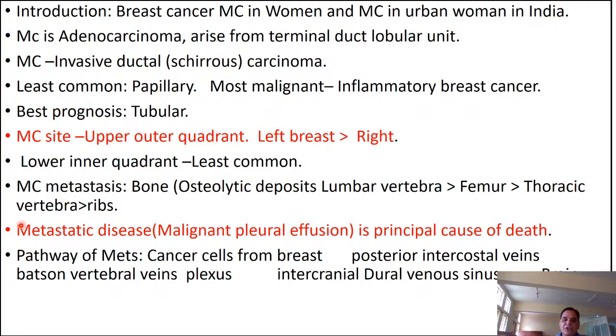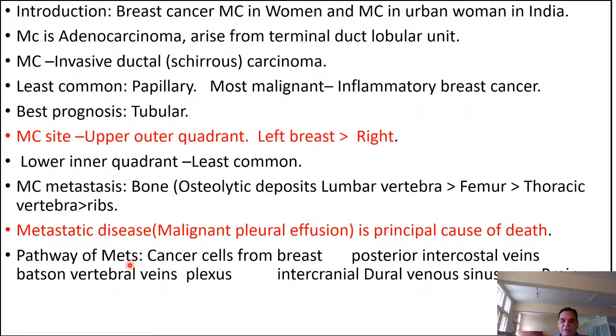And just to inform you, the most common cause of death is malignant pleural effusion. So how do the patients die? For a CA breast in late stages, malignant pleural effusion is the principal cause of death.